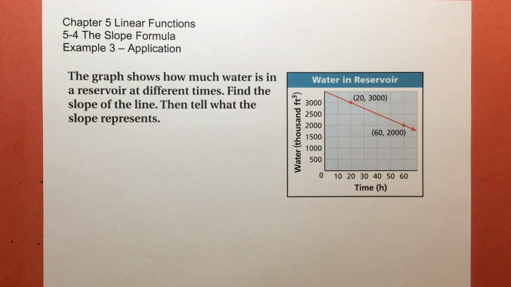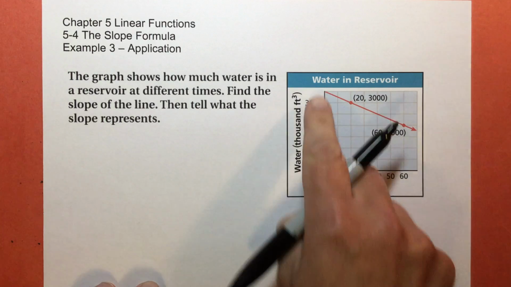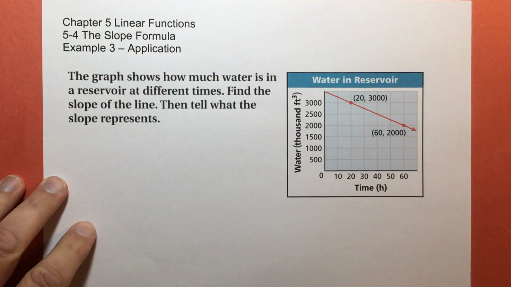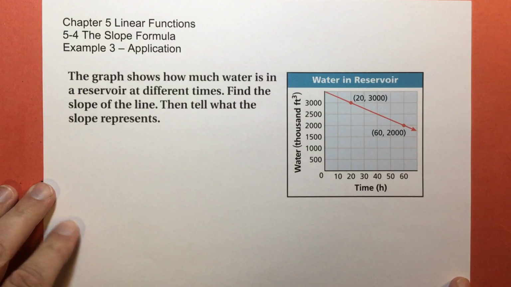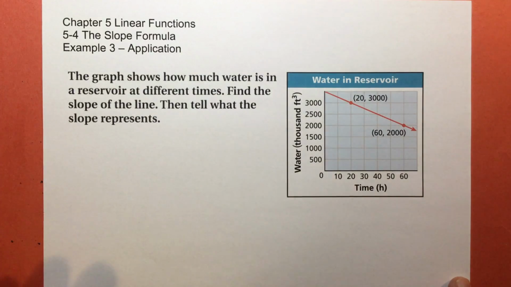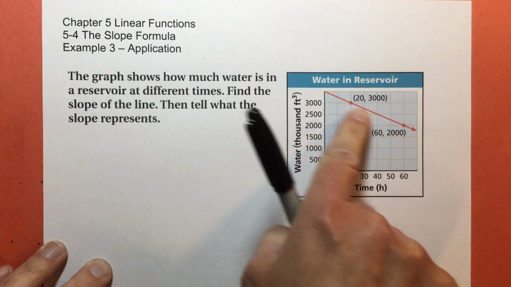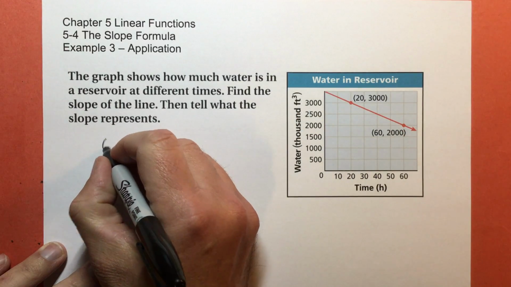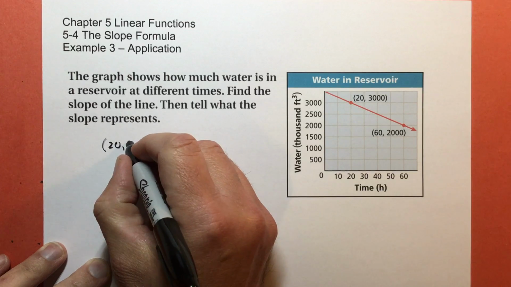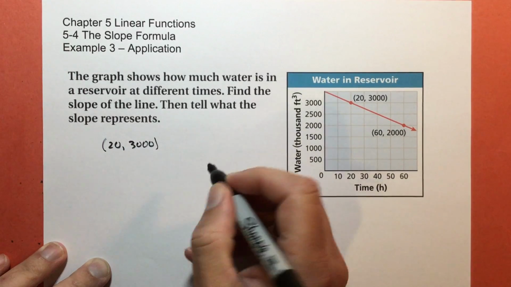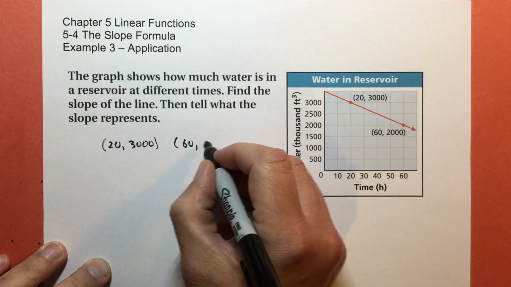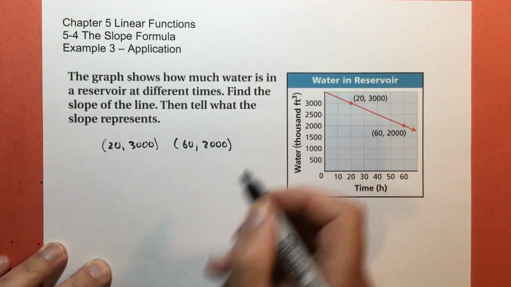The negative simply means that the water is draining away out of the reservoir. So that's why it's going down. When we use negatives, usually it means the direction that we are going. My 2 points that I have here, and I could pick other points along this line, are 20, 3,000, and 60, 2,000.